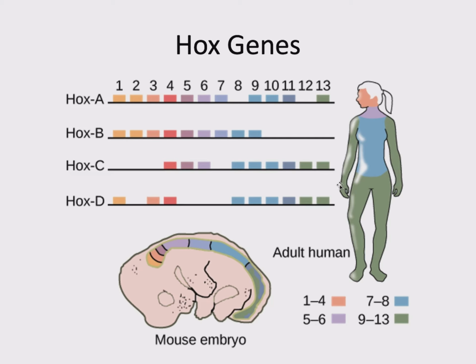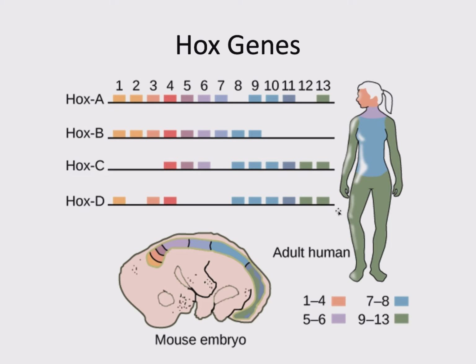It would be incredibly inefficient to have a huge set of genes that say, okay, make an arm, and then another set of genes to say, okay, make a different arm that's a mirror image, and then another set of genes that say, oh, build a leg, and then another leg. It's much easier to use the same sets of genes for all 4 limbs and just change them slightly.